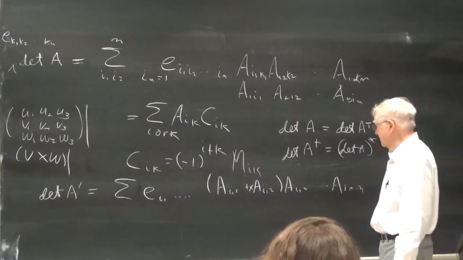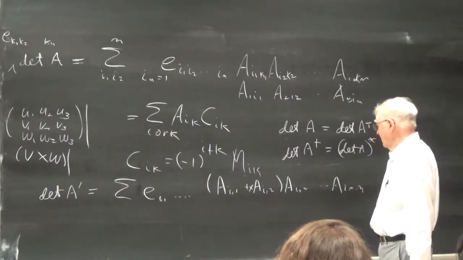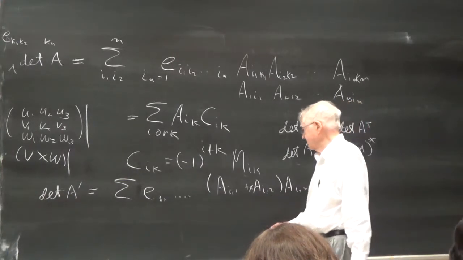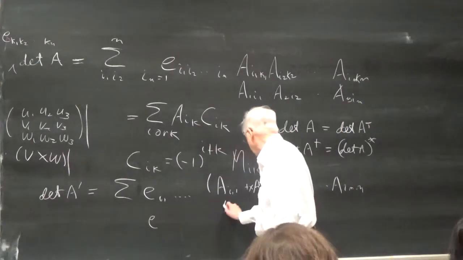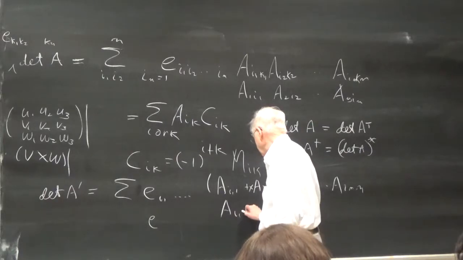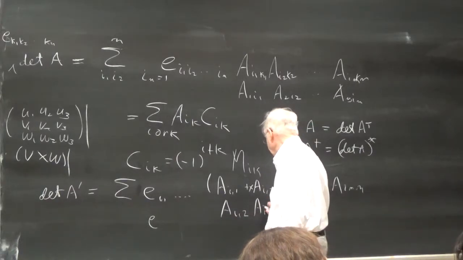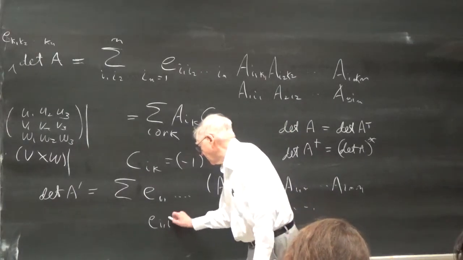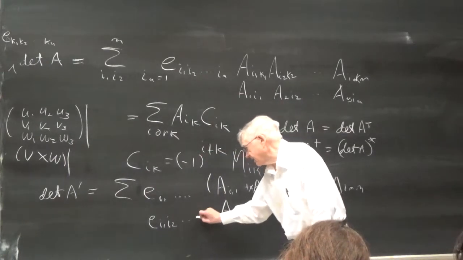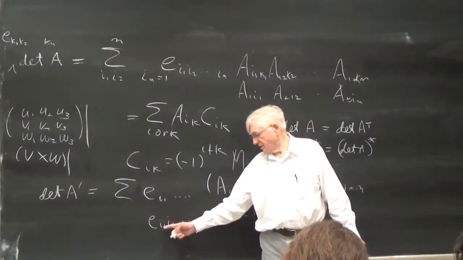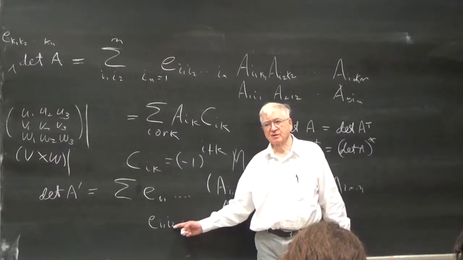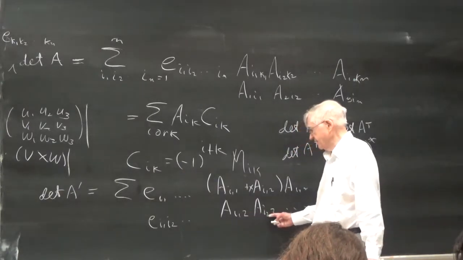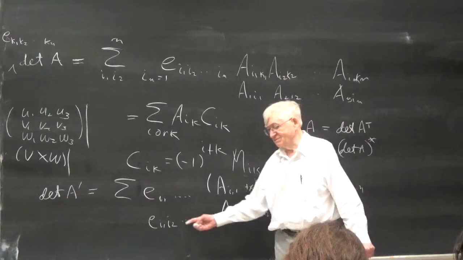And the reason it makes no difference is that the term with epsilon I1, I2, and so on, times A I1 2, A I2 2, and so on, is antisymmetric. Suppose you had I1 equal to 6 and I2 equal to 7. You have 6, 7, so that might be 1.